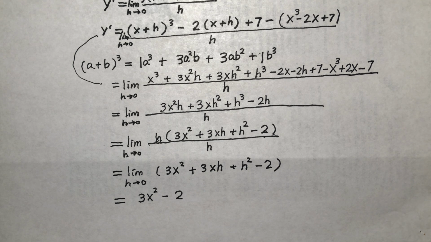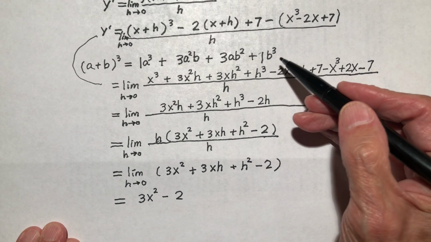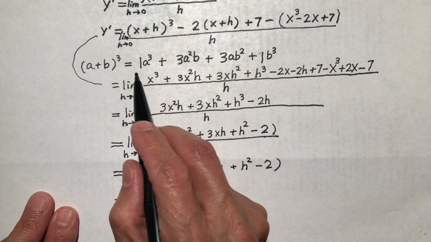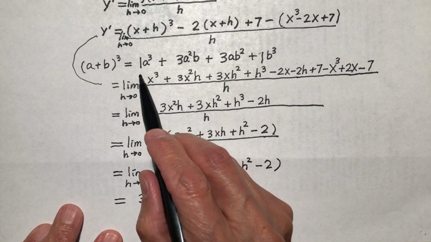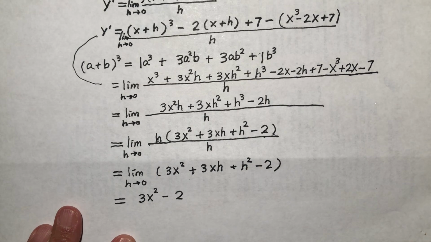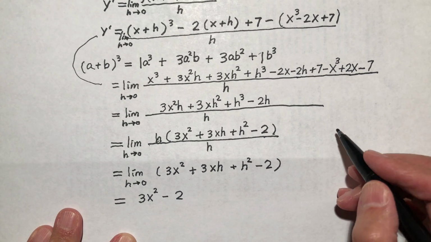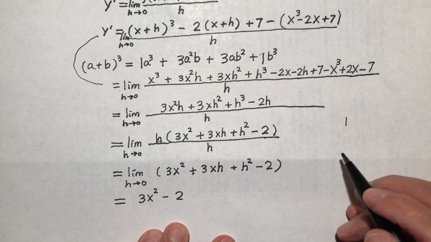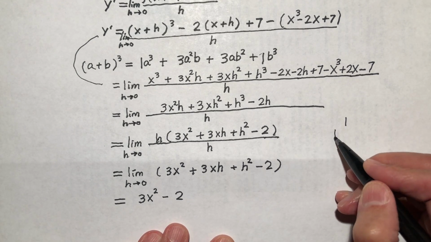And in this example, I need a formula, a plus b cubed. And remember the 4 numbers, 1, 3, 3, 1. Have you studied Pascal's triangle? Here, you start with 1, and you write 1 and 1.